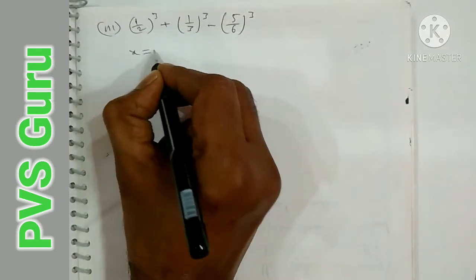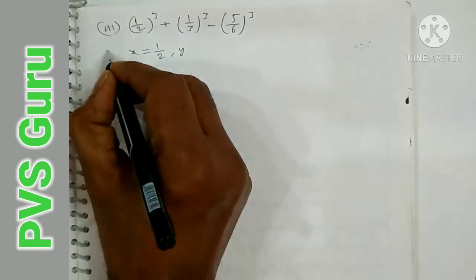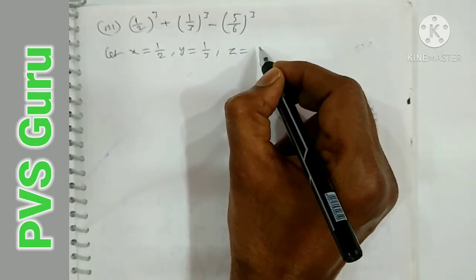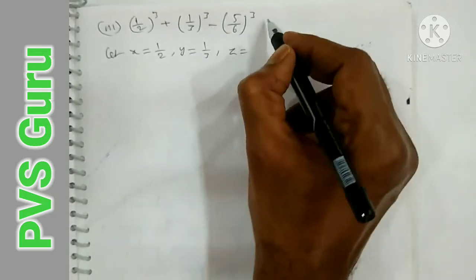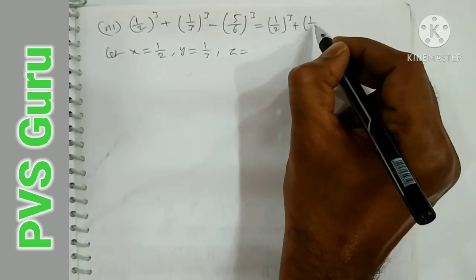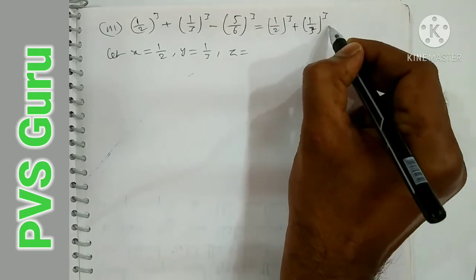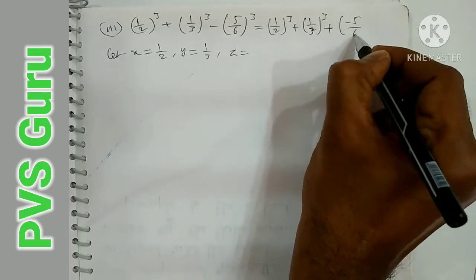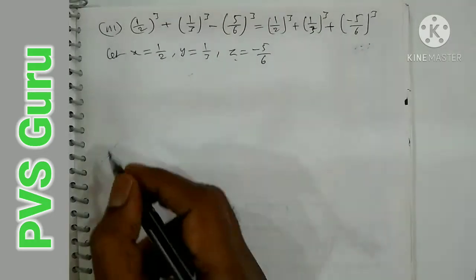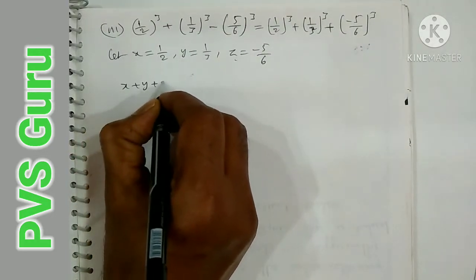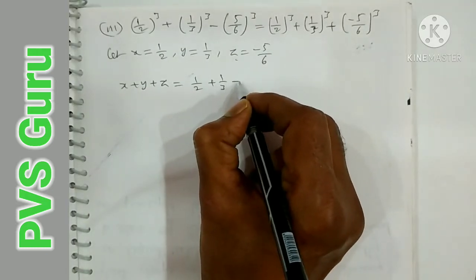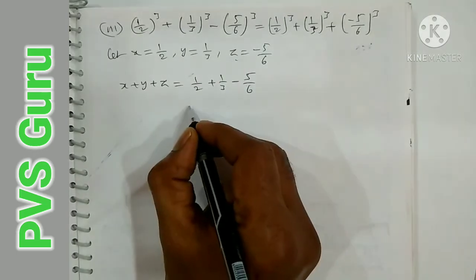Third bit, let x is equal to 1 by 2, y is equal to 1 by 3, z is equal to minus 5 by 6. Here the minus you take inside, so this is 1 by 2 whole cube plus 1 by 3 whole cube plus minus 5 by 6 whole cube. Now x plus y plus z is equal to 1 by 2 plus 1 by 3 minus 5 by 6.